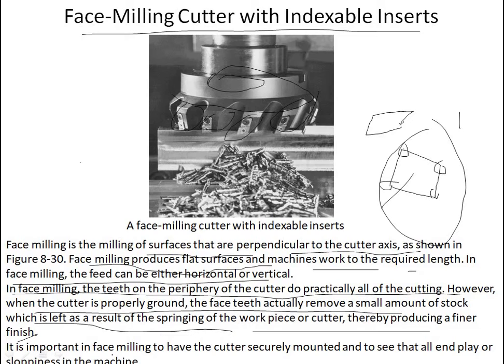It is important in face milling to have a cutter securely mounted and to see that all end play or sloppiness in the machine is removed. This is a very important thing while fixing the cutter. It should be in a proper position or properly fixed so that it won't affect the workpiece.